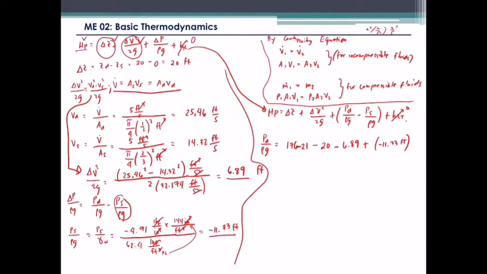So the answer for PD over rho g is 137.99 feet.